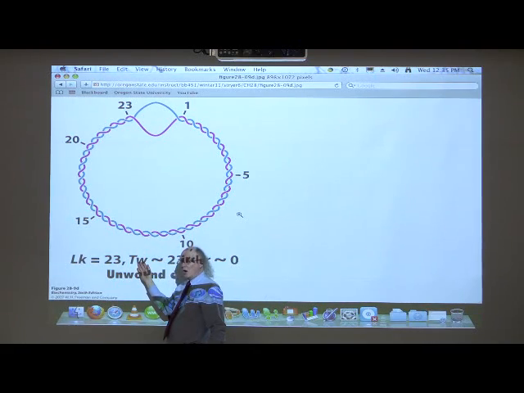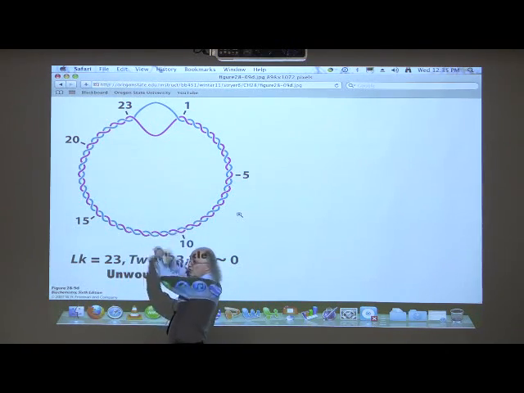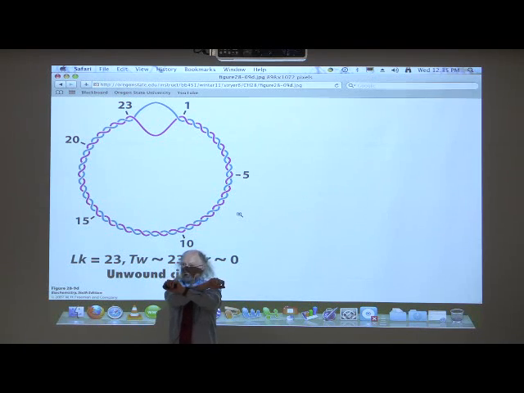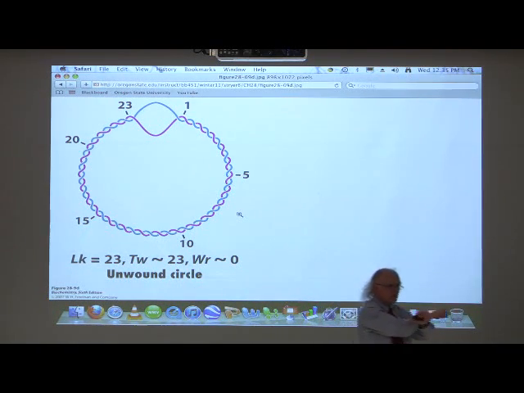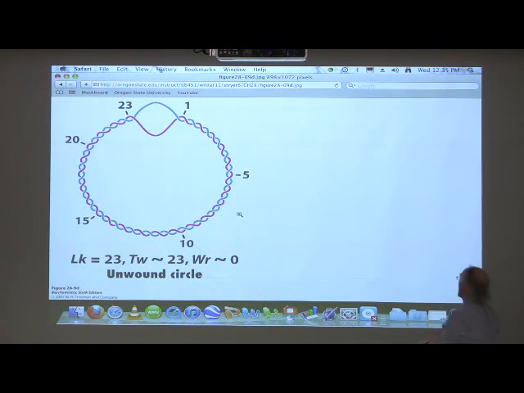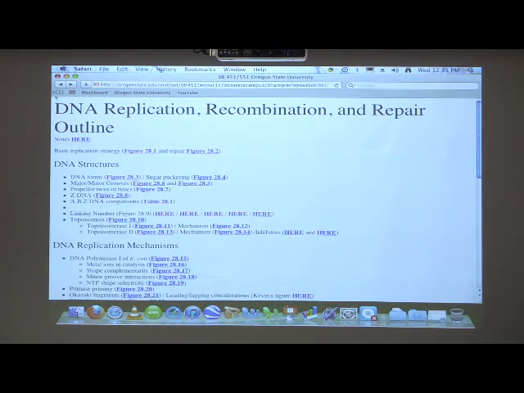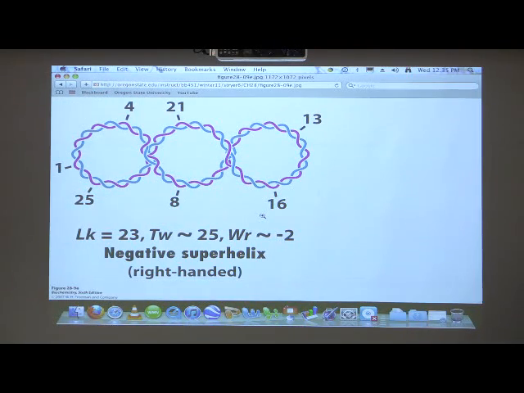The turns are also the number of times the strands cross each other, but also the number of times the duplex crosses itself. The duplex has not crossed itself at all. However, because this guy is under stress, the duplex goes back and crosses itself.